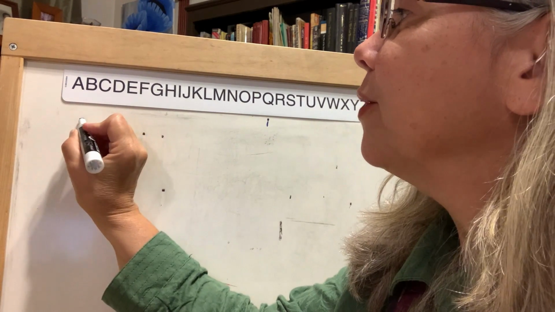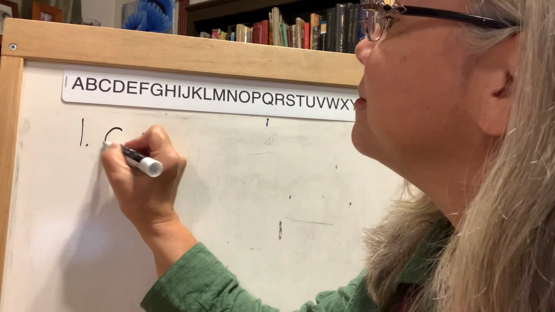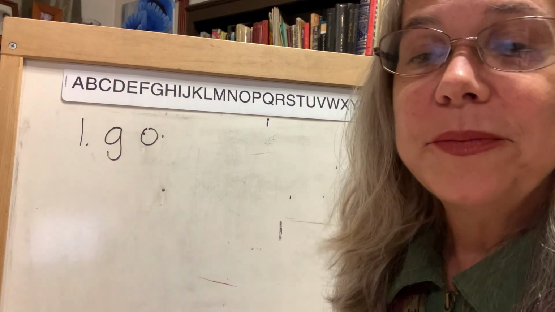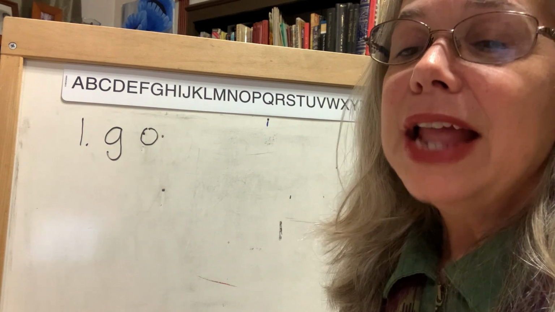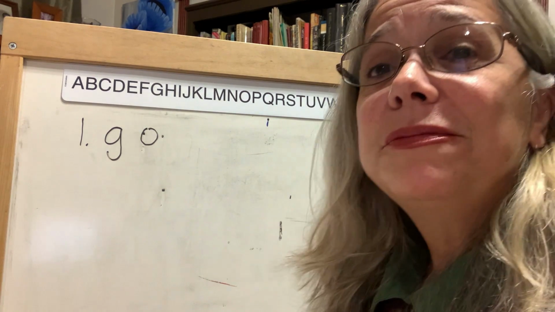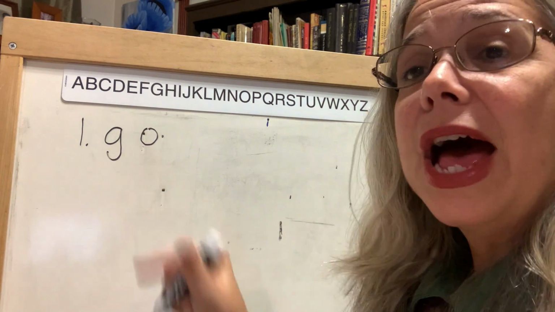Number 1 here. It has the letter G and the letter O. Can you write those 2 down? Okay. Now, let's find our vowel. Which letter is the vowel? Right, it's the O. So we have a choice.